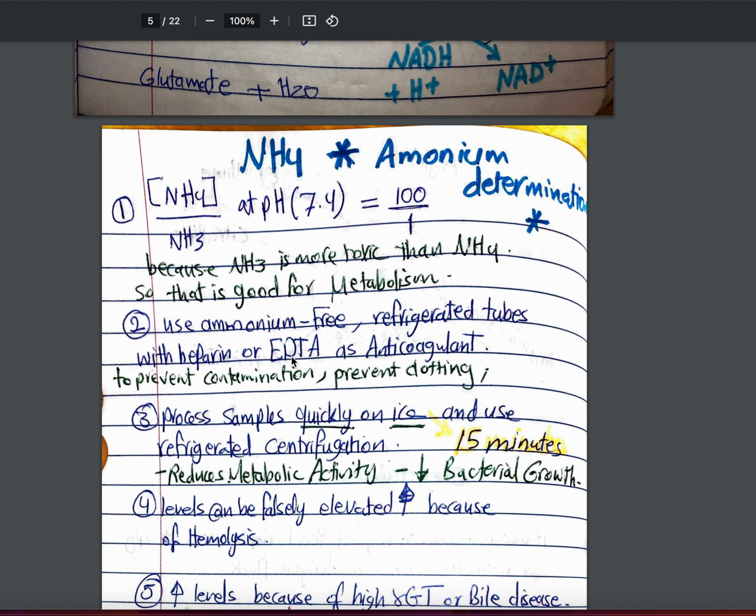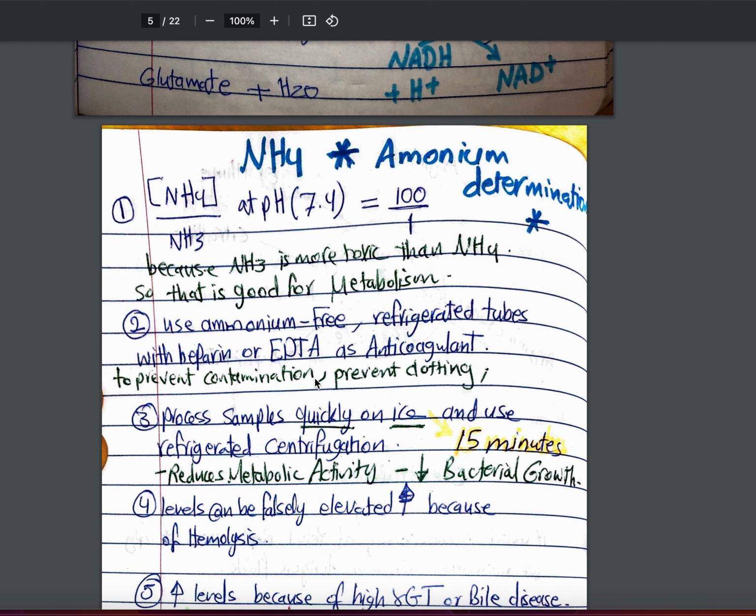We explained EDTA before: it acts as an irreversible anti-clotting factor and binds to the calcium, and it keeps the morphology of the cells without making any kind of changes to the cell. It is used for the blood smear, and also for sickle cell anemia and flow cytometry. All of that is related to EDTA.